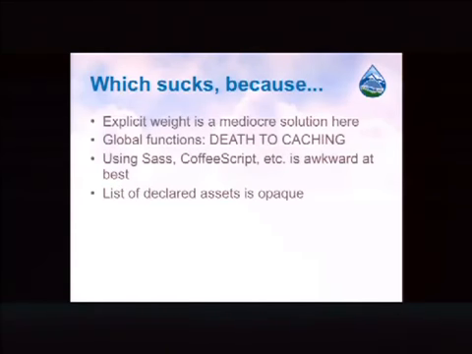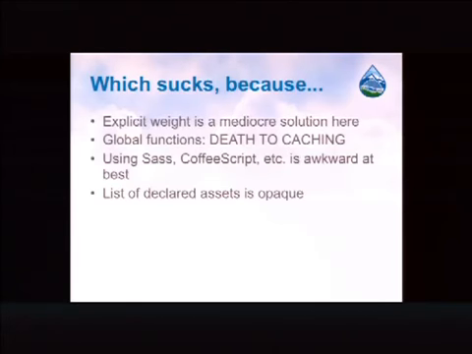Global functions, Drupal add CSS and Drupal add JS, are death to caching. They are death to our ability to cache the page in a proper way, mostly because you can call them from anywhere and they change page output from anywhere, and if we can't predict what the page is going to look like, then we can't cache it.